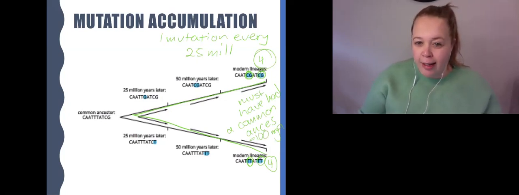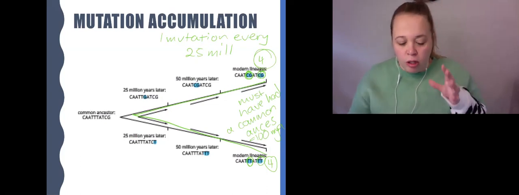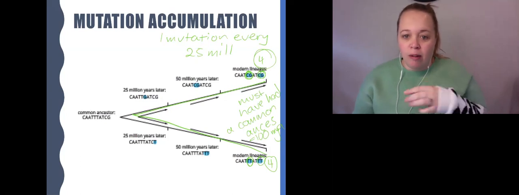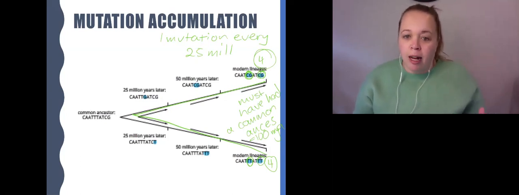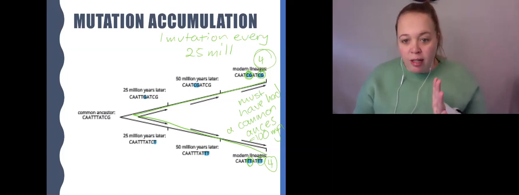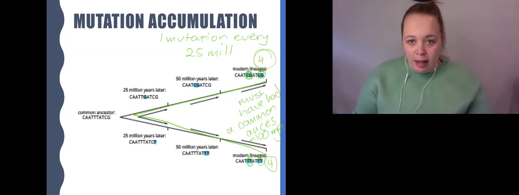All right, so hopefully that helps with your understanding about the fact that we can use DNA or differences in amino acids in terms of our primary structure to determine how related two species are. In both cases, the more differences, the less related they are to each other.